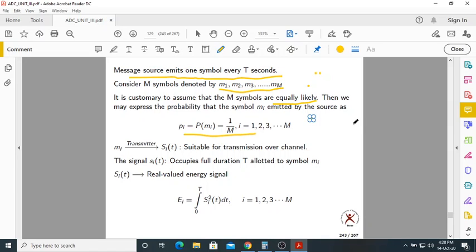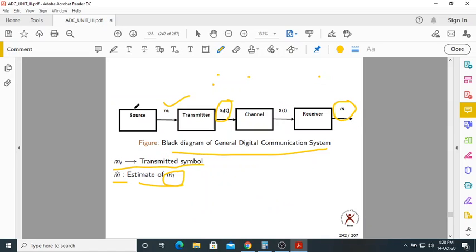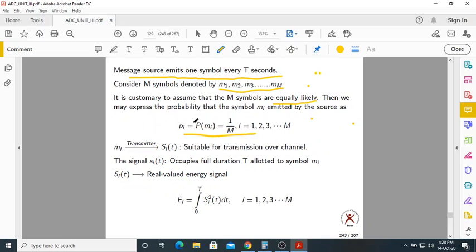The source is emitting symbols with equal probability, and those symbols need to be transmitted. In the transmitter we do modulation. We don't talk about modulation at this point of time. Mi is a symbol, and Si(t) is the transmitted signal, suitable for transmission over a channel.